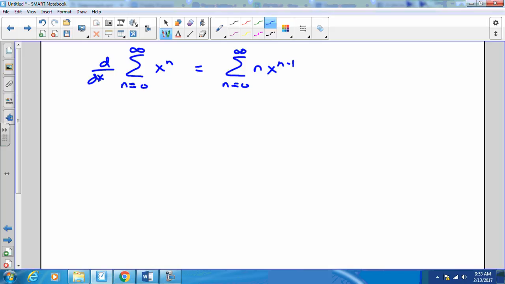But wait a second. That first term disappears, because it was a constant in the original and gets clobbered, or because 0 times x to the minus 1 power is 0. However you want to think about it.